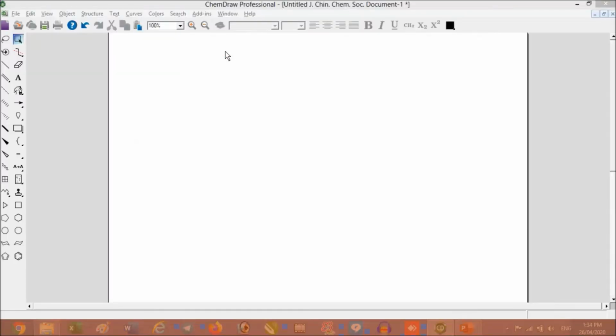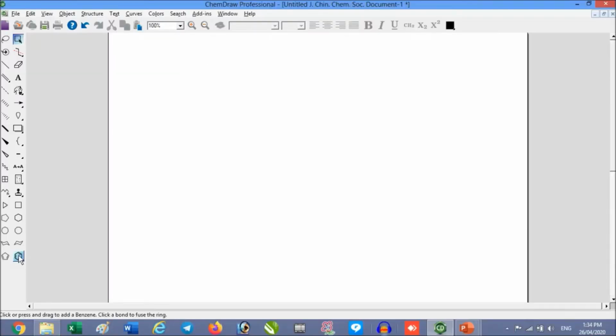So friends, the structure of norepinephrine is: here we have benzene. On the benzene ring we have two OH groups. This is called catechol. These neurotransmitters are catechol ethylamine, that means on the catechol compound a CH2 NH2 group is present.